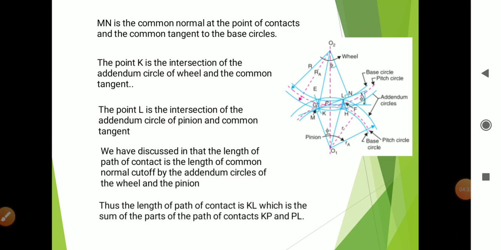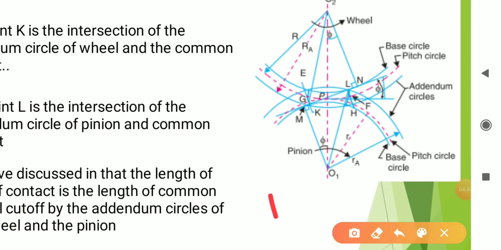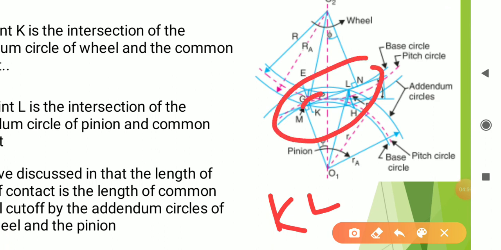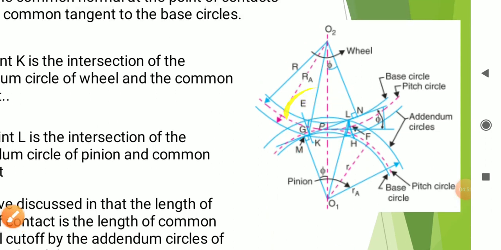Thus the length of path of contact KL is the sum of the lengths KP and PL. In this figure, KL runs from K to L, and this is the path of contact. Adding KP and PL gives KL, which is the path of contact.